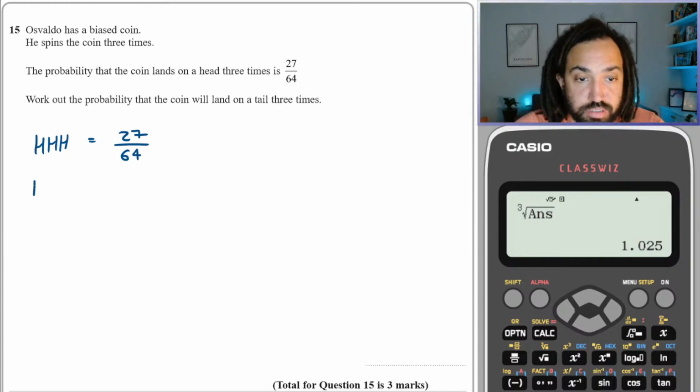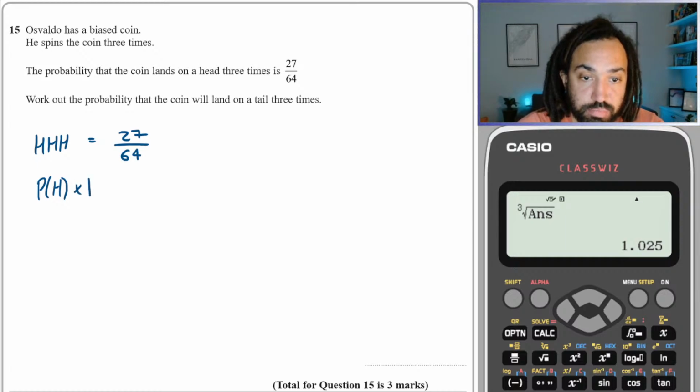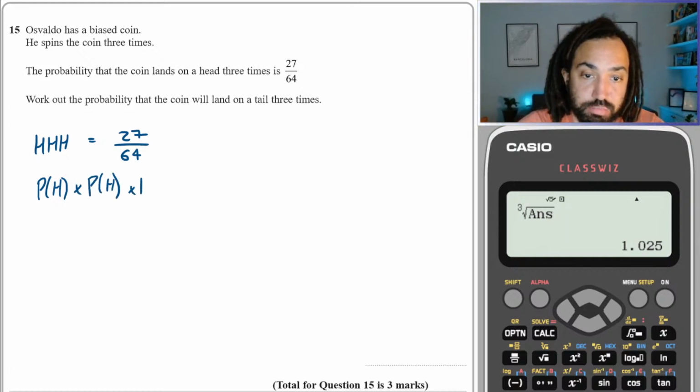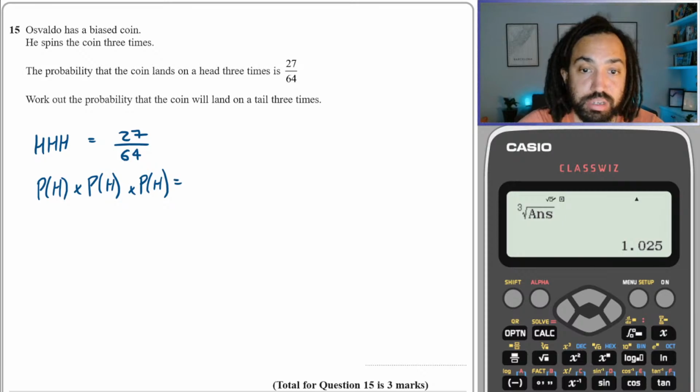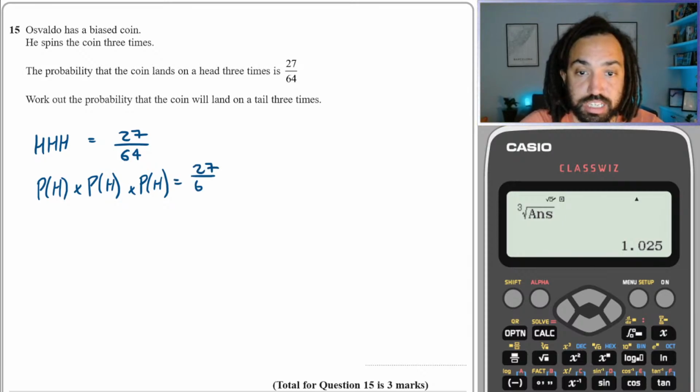What you need to do is you need to multiply the probability of getting a head times by it happening again times by it happening again. That's the only way we could get 3 heads in a row like this.